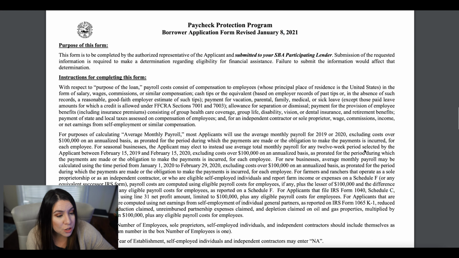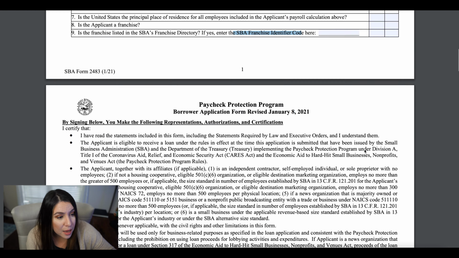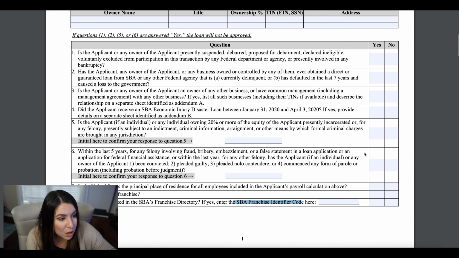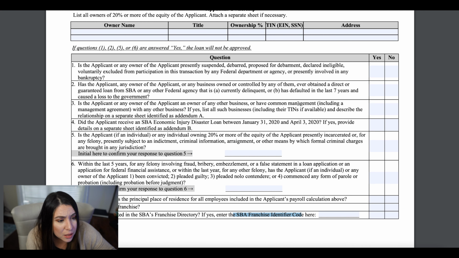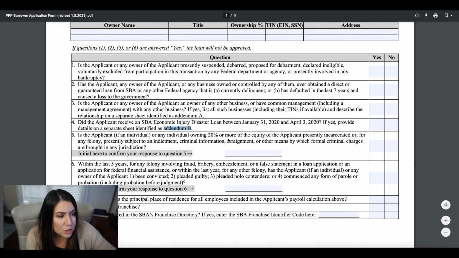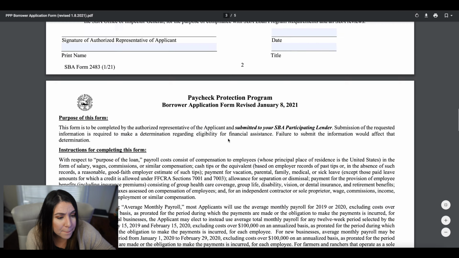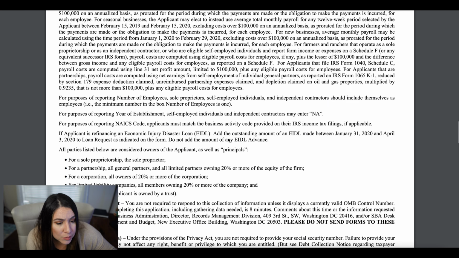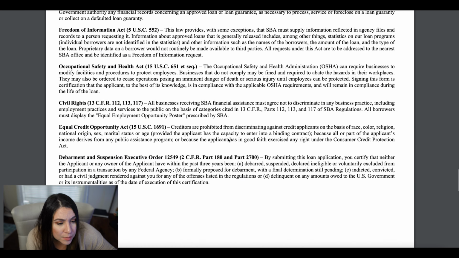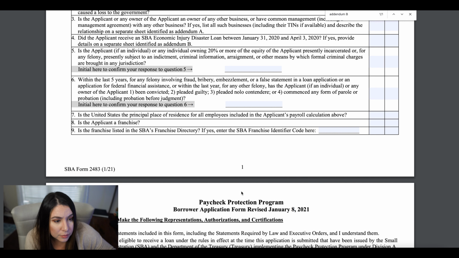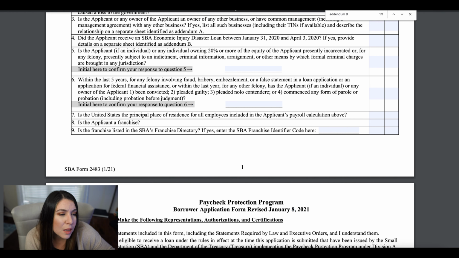All right, let's get into the instructions because I am curious about Addendum B. Is that listed in the instructions? So it's funny.